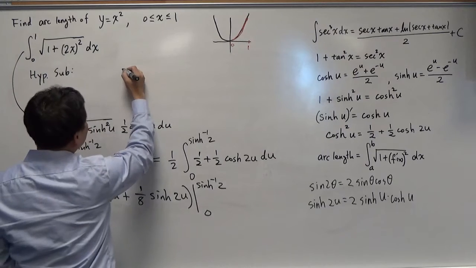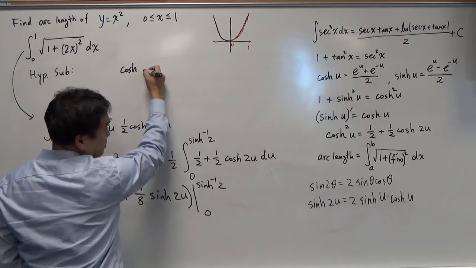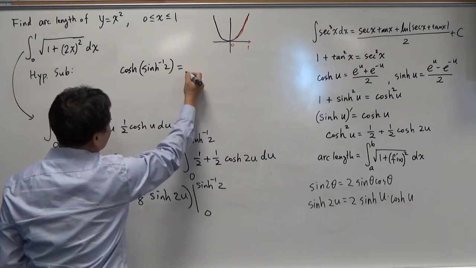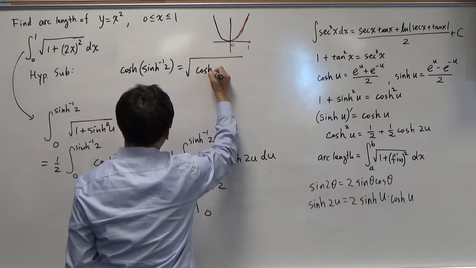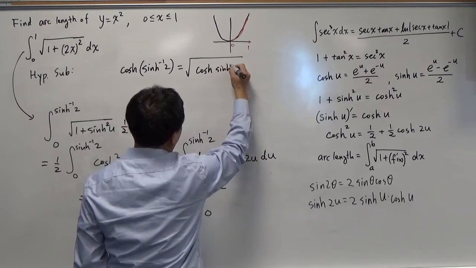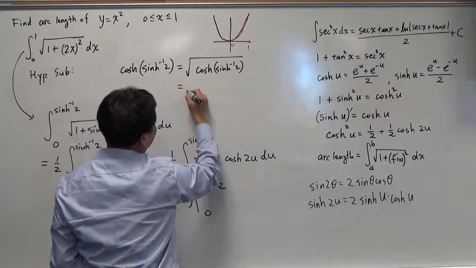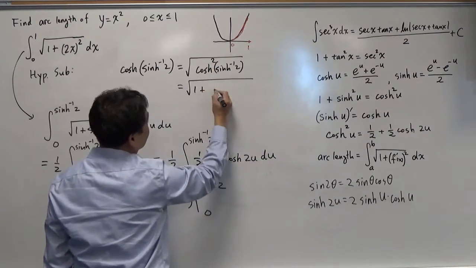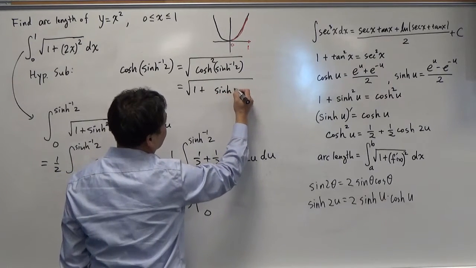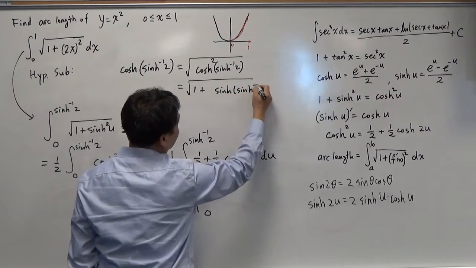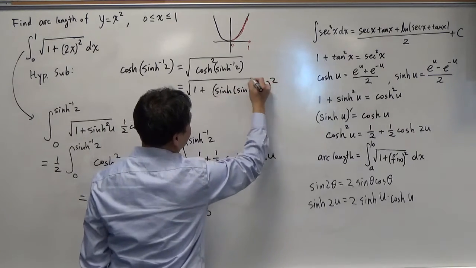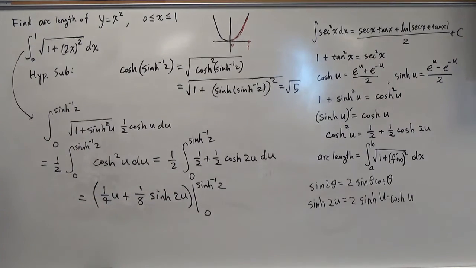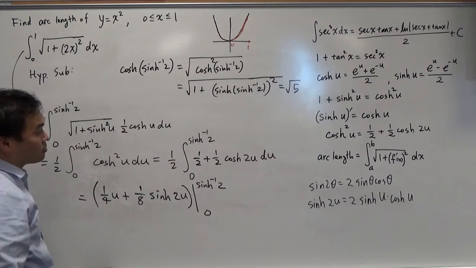If you have cosine hyperbolic of sine hyperbolic inverse of 2, that's the same as the square root of cosine hyperbolic squared of sine hyperbolic inverse of 2, which is the square root of 1 plus sine hyperbolic of sine hyperbolic inverse of 2, this thing squared. So again, that gives you square root of 5, right? Okay, so you get square root of 5 that way.